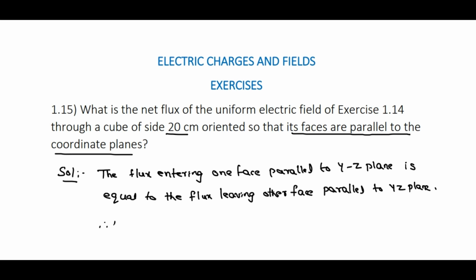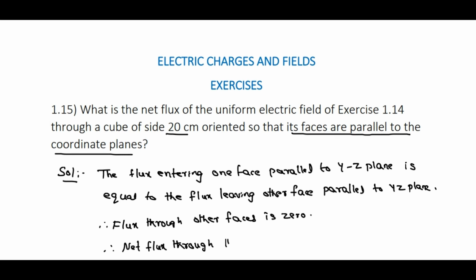So therefore, electric flux through other faces also zero. Hence, net flux through the cube is 0. This is the answer.